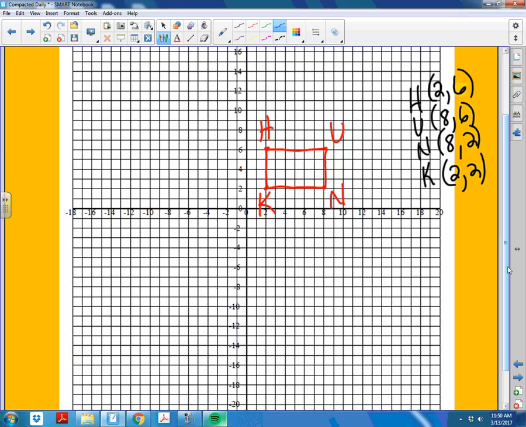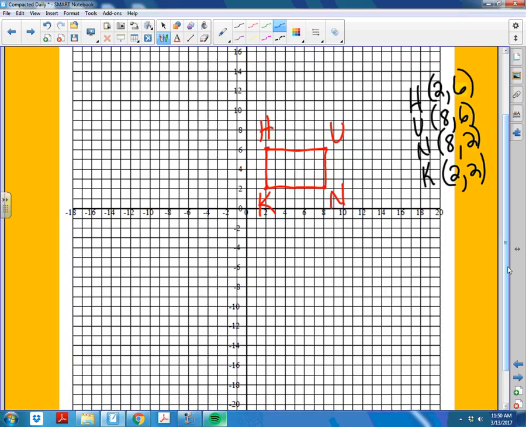Now, if they said reflect across the y-axis, what you need to understand is that a reflection is a what? What was the remember word? A flip. A reflection is a flip. So it's not that it's just going across the y-axis, it's actually flipping over the y-axis.